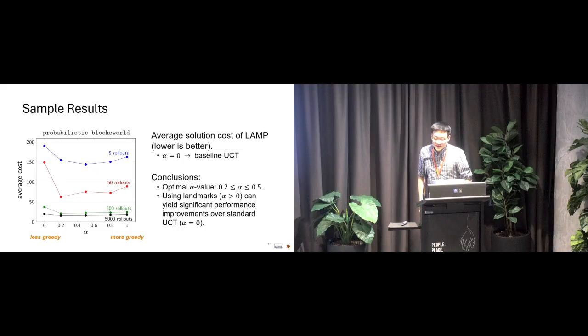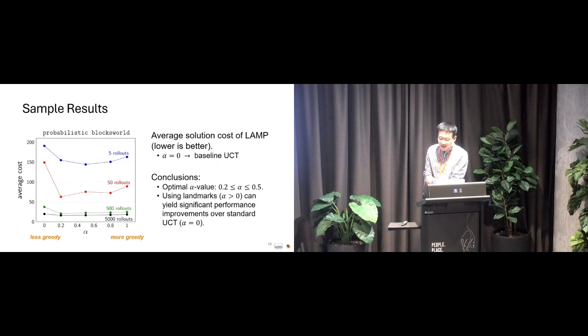The problem is, if the algorithm becomes too greedy as alpha approaches 1, the performance can also degrade. This happens because the algorithm becomes too short-sighted. So that's the core issue here. There's a balance here. We tested the algorithm on 5 other domains and an array of problems in each domain.